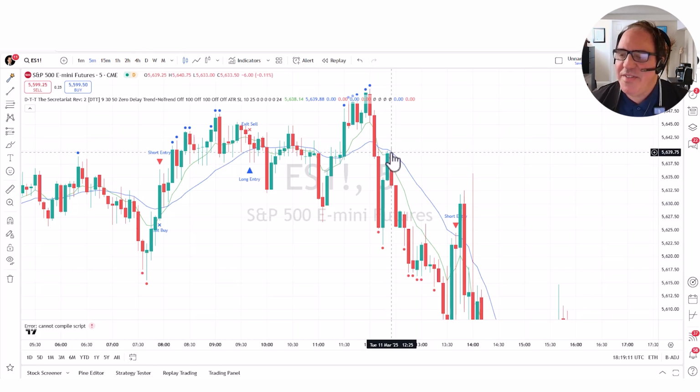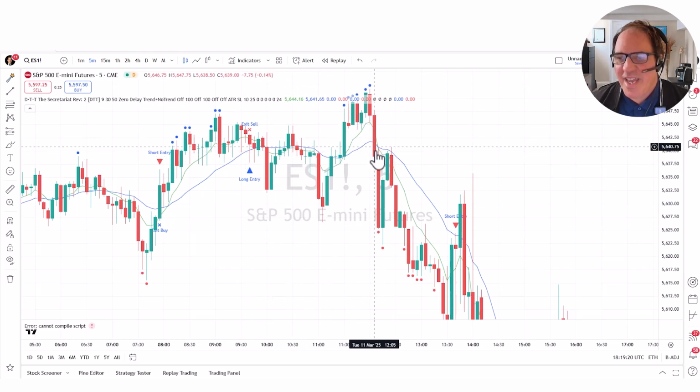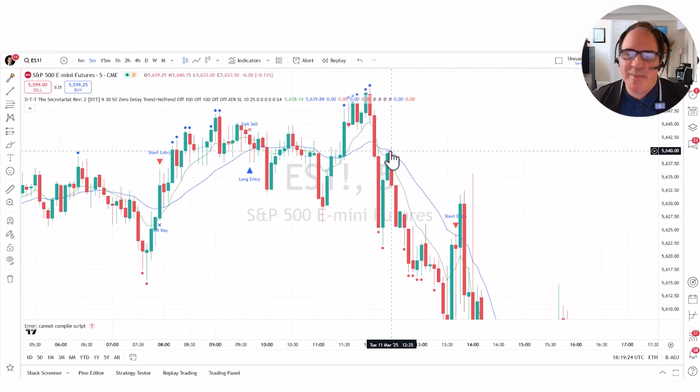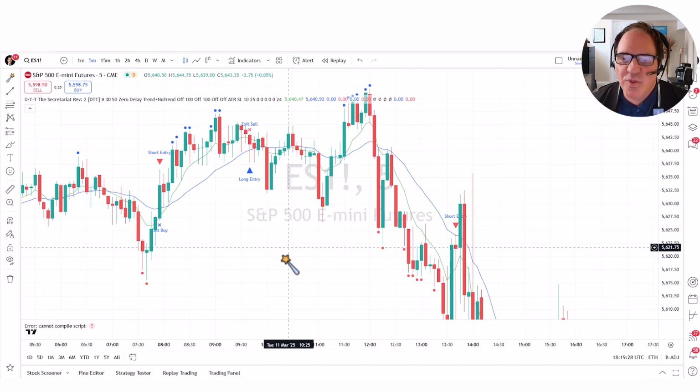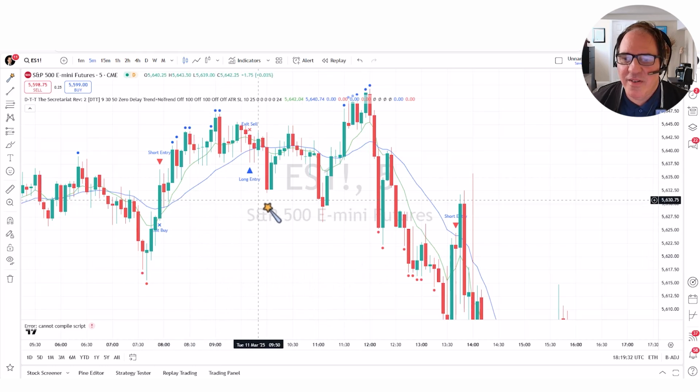This was at 56.40. So just say this didn't happen and you just held it the whole way. What was our entry? About 56.40. Price came all the way crashing down, came up, and you got out at 56.40. So we're about break even, maybe a small loss, maybe even a couple tick gain, whatever the case may be. But this room gave you areas to get out, hoping for that bounce.